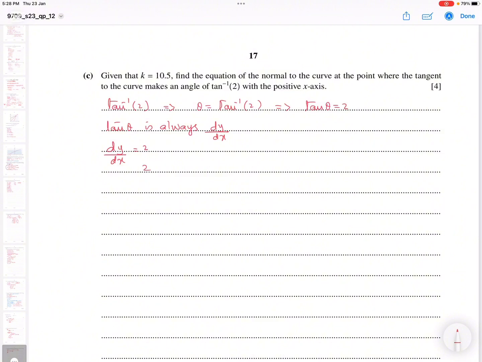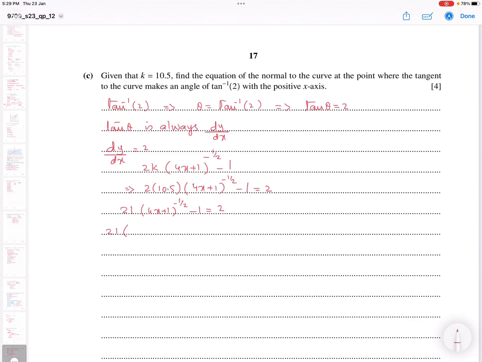So now you can write 2k (4x plus 1) whole power minus 1 by 2 minus 1, and put the value of k in it, which is 10.5 as given. So 21 (4x plus 1) whole power minus 1 by 2 minus 1 is equal to 2.